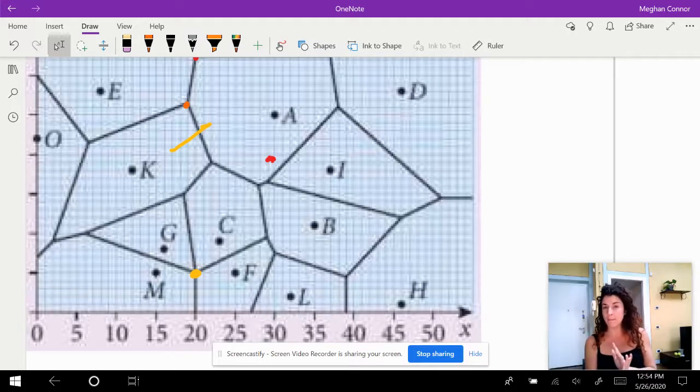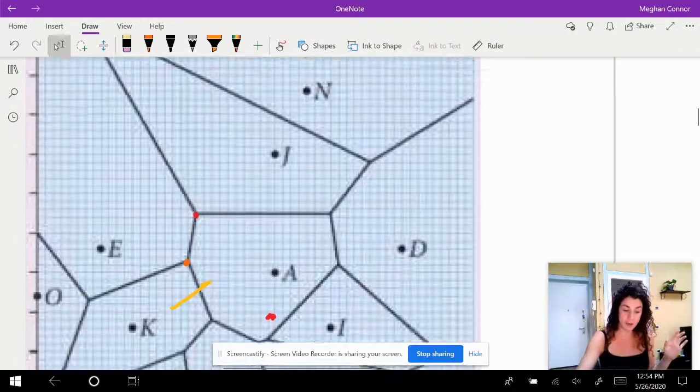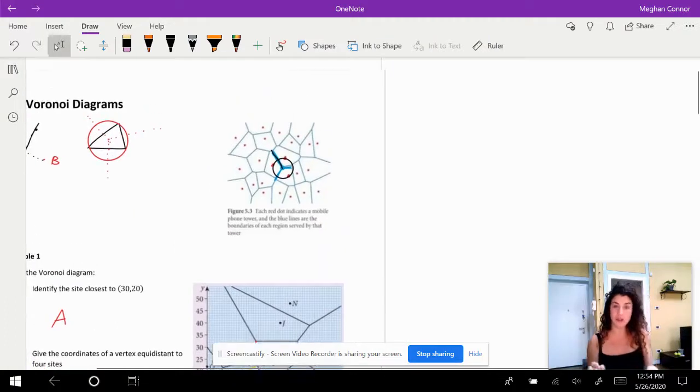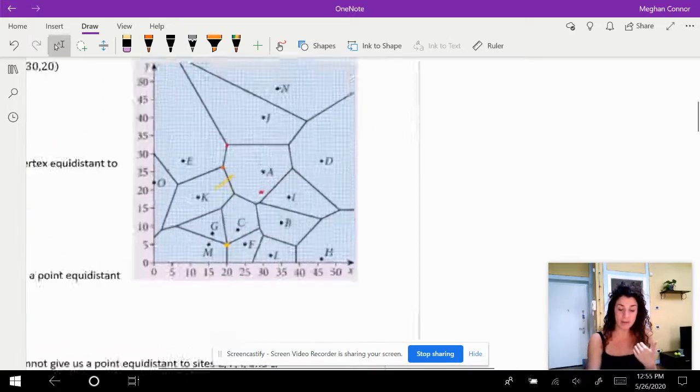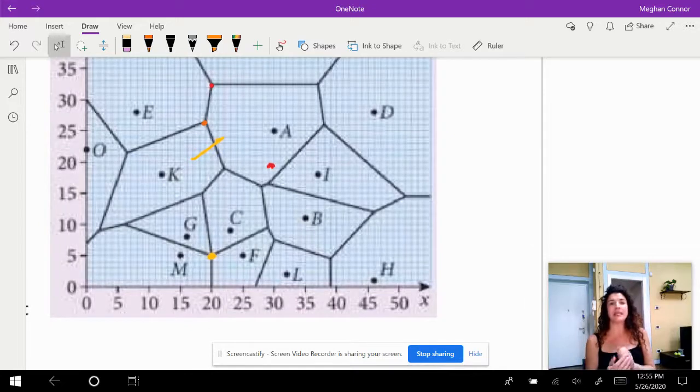When you start adding more points, the reason why that works is because of the behaviors of the circumcenter. So finding your perpendicular bisectors, they will always meet between 3 points. It will not always happen with more than 3 points because they have to lie on the same circle. And when you start adding 4 or 5 or however many points, they will not necessarily lie on the same circle.